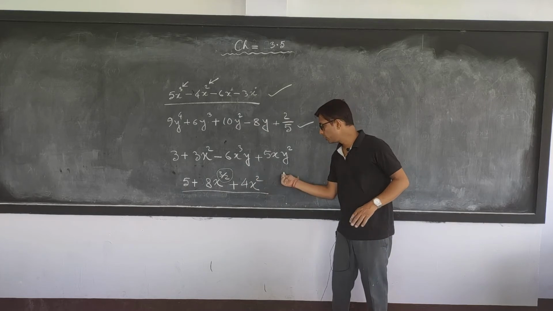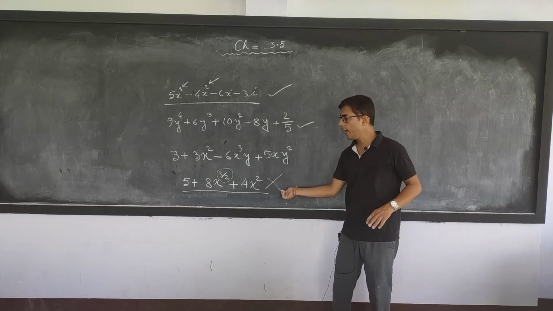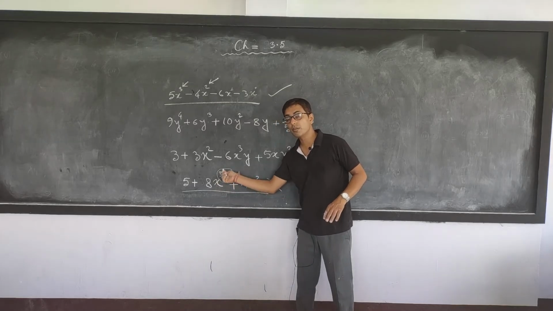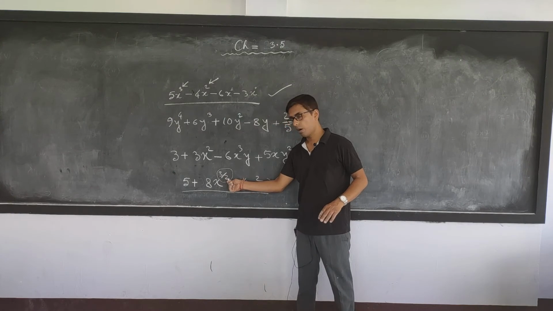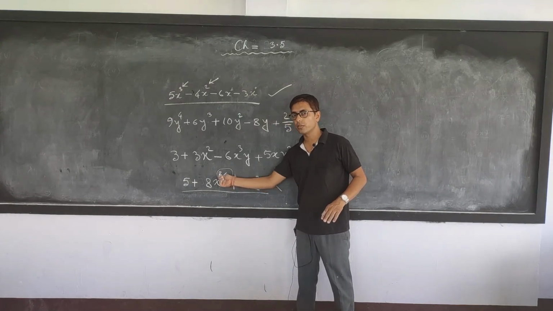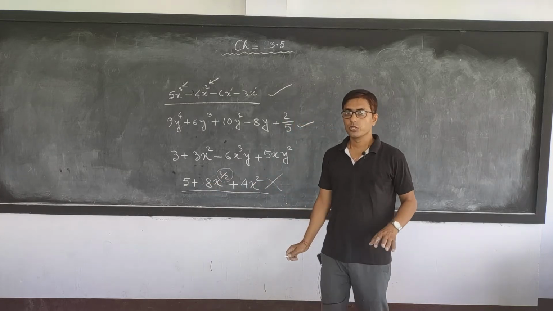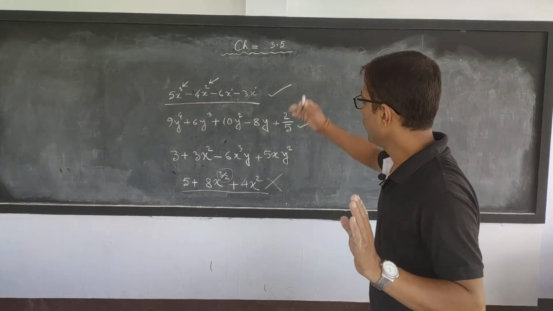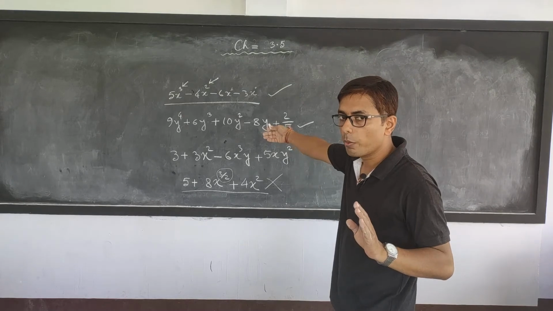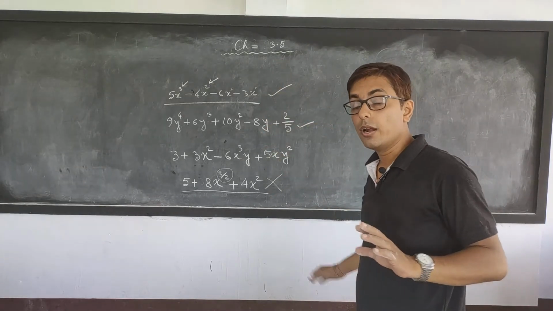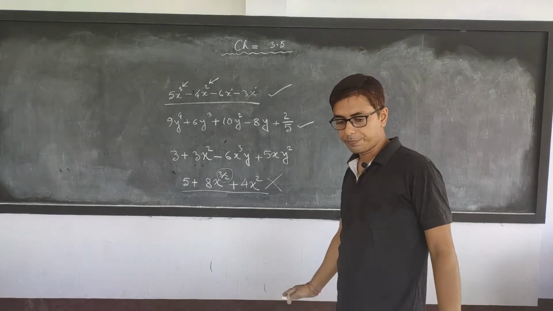Our answer is no. It is not a polynomial because the power on this variable x is a fraction, 3 by 2. So it cannot be a polynomial. Clear? Any algebraic expression can be a polynomial only if it has whole number powers on the variables, that means non-negative whole numbers.